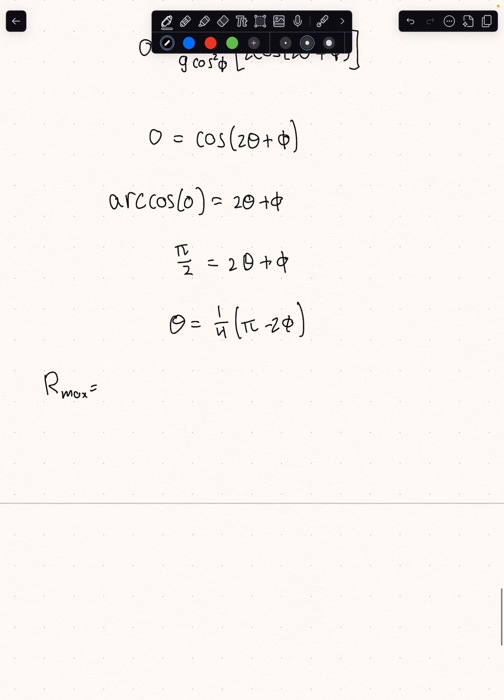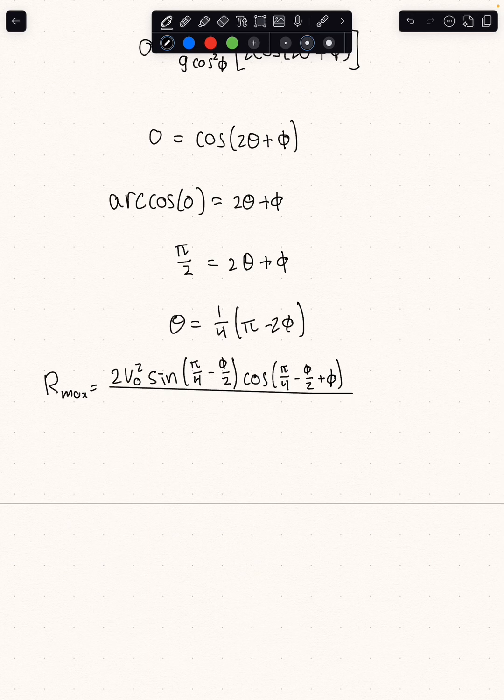R max is going to be 2 V naught squared sine of pi over 4 minus phi over 2, cosine of pi over 4 minus phi over 2 plus phi, over g cosine squared phi.